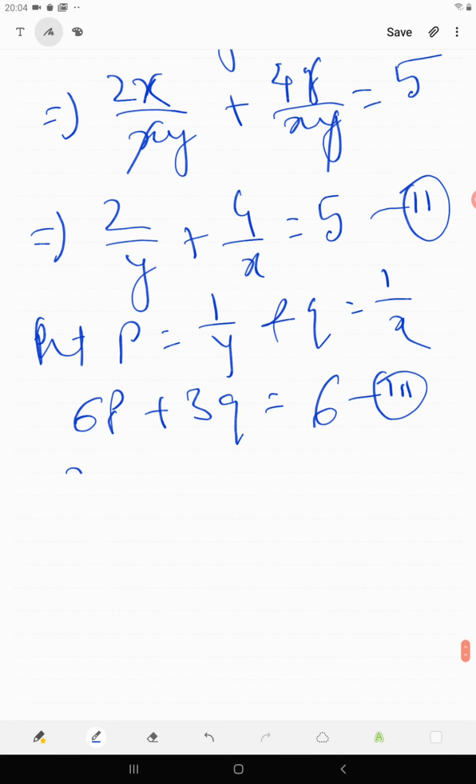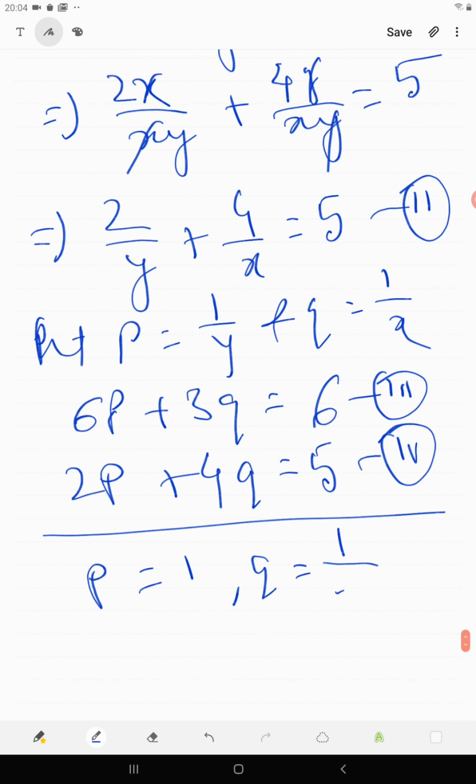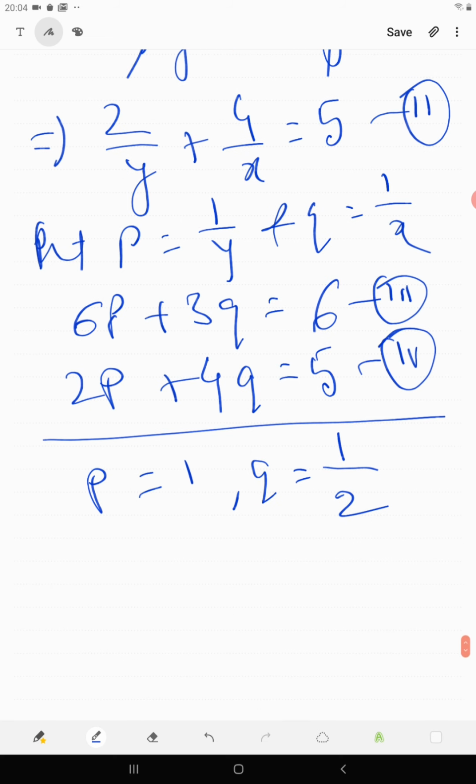And 2p plus 4q equals 5. This is our equation 4. Now you can use any of the methods and get the values for p and q. So you will get p equals 1 and q equals half. This you should get.